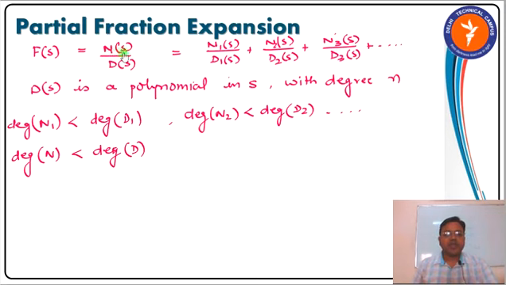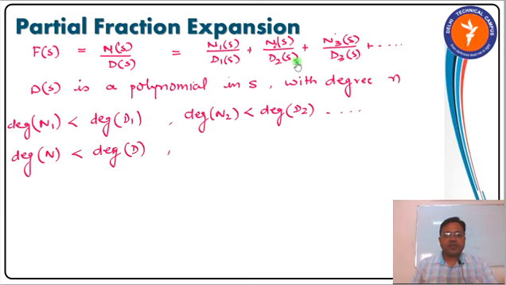If in case the degree of numerator is greater than the degree of denominator, then we will first perform the division and bring it to the condition where the degree of numerator is less than the degree of denominator, and then we will use the partial fraction expansion.